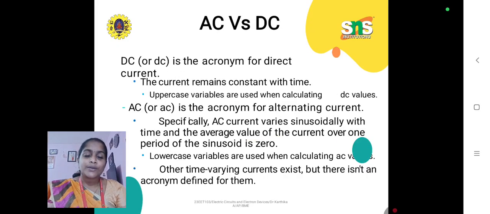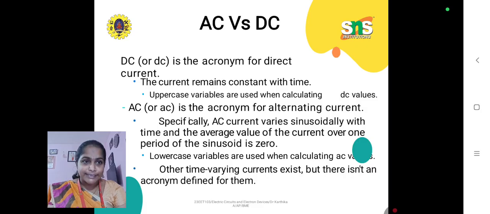What is AC and DC? Types of current: we have AC as well as DC. DC is the acronym for direct current, AC for alternating current. In DC, the current remains constant with time. Uppercase variables are used for DC values and lowercase variables are used for AC values.